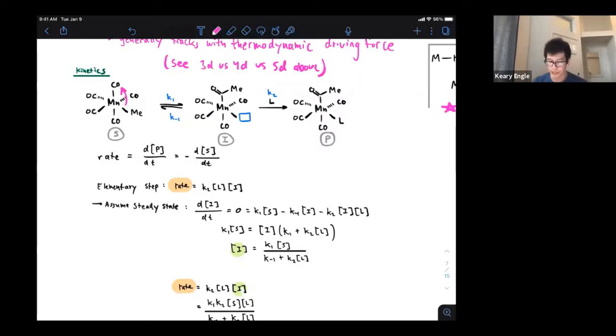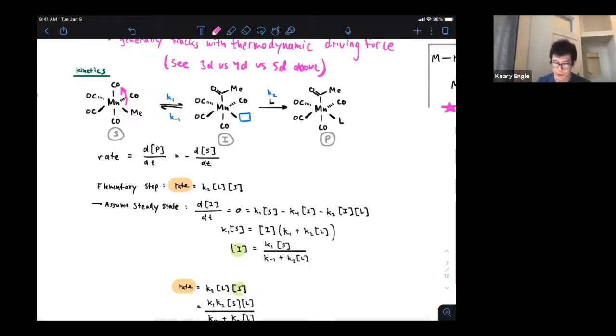That will open a free coordination site, and that needs to be then trapped with ligand L. So the first step is shown here as reversible. The forward rate constant is abbreviated K1. The reverse rate constant is shown as K-1, and then the trapping step is shown as K2.